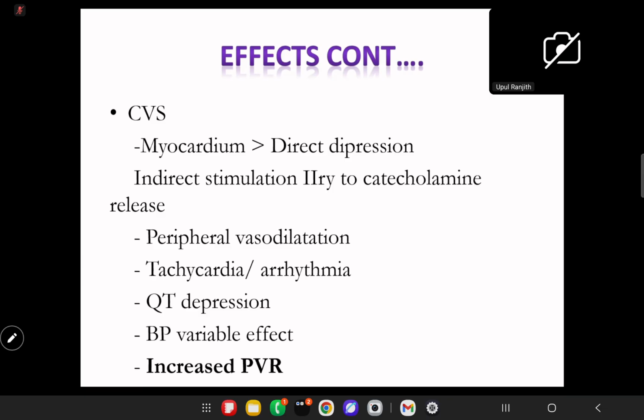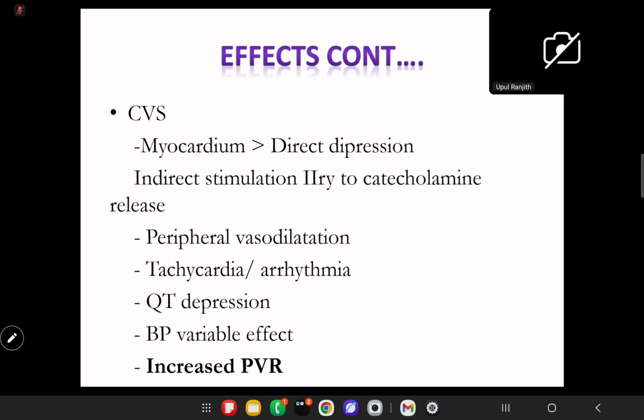So peripheral vasodilatation will be there with hypercarbia. Then tachycardia and tachyarrhythmias due to hypercarbia. Then QT depression, and a variable effect on the blood pressure because, as I told you, direct depression is there but also indirect stimulation. So blood pressure will depend on the degree of severity of the direct and indirect effects.